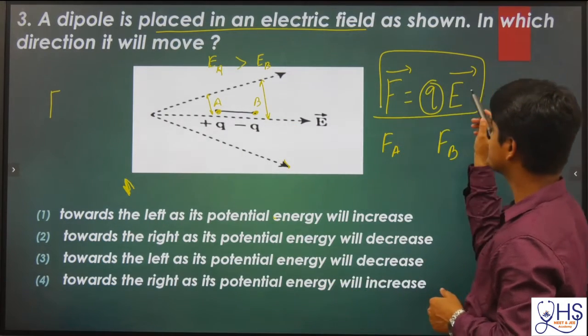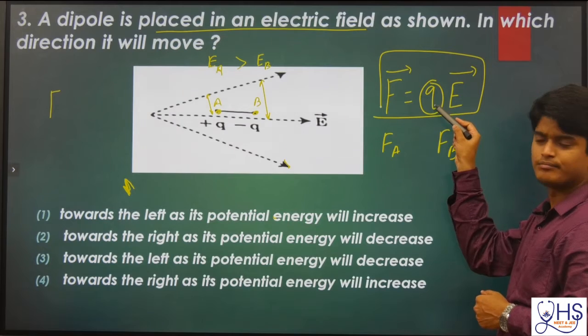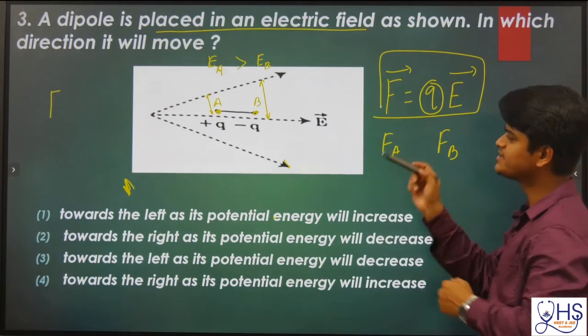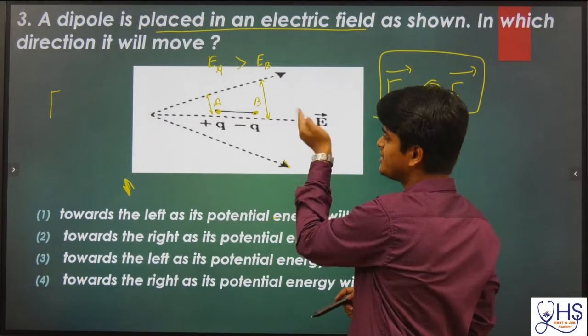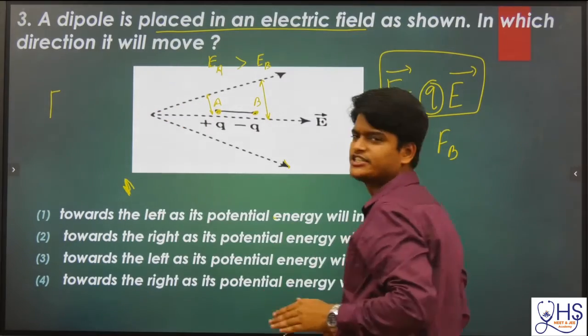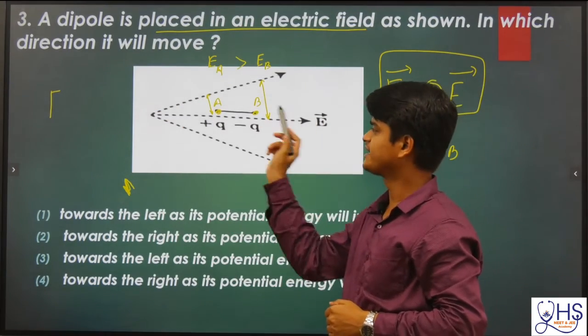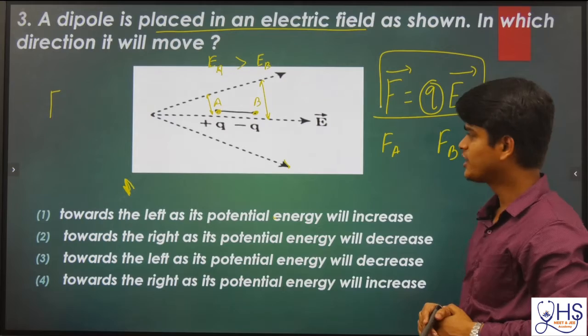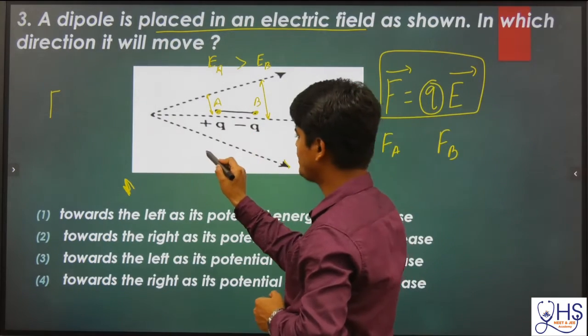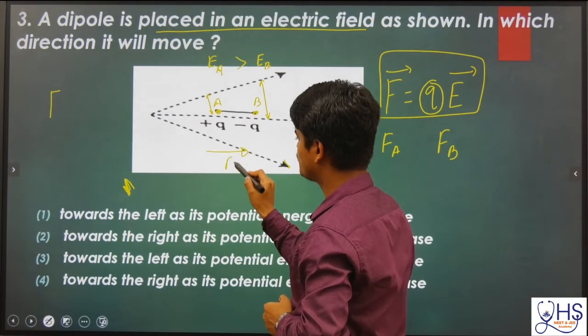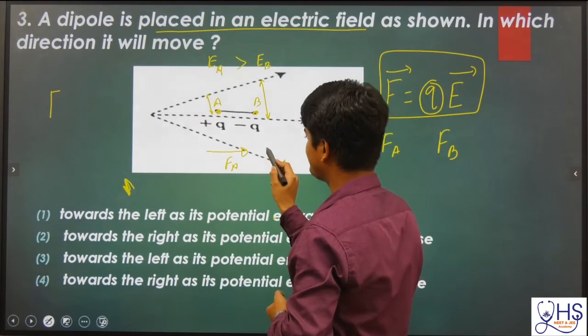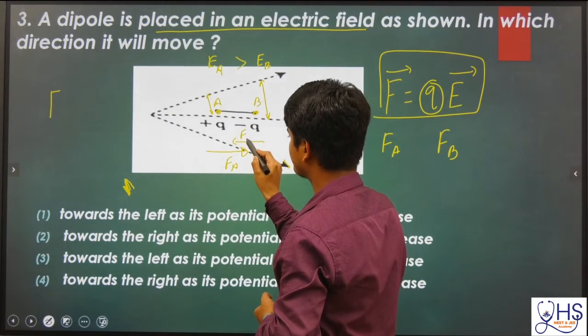Why? Because here q is negative. So if the electric field is in this direction, a negative charge means the force will be opposite to this electric field, which is leftward. So this positive charge will move rightward and the negative charge will try to move leftward.